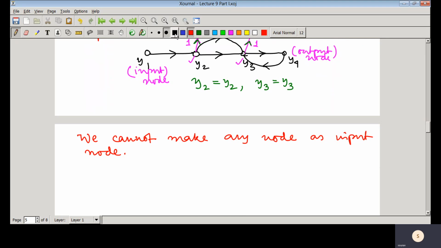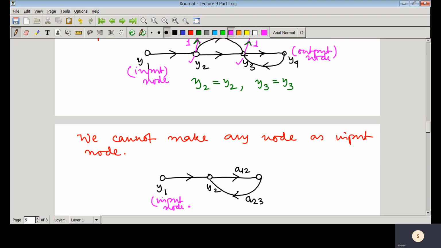Let us see. First we take one example. Suppose you have one signal flow graph here, this is Y1, this is Y2, and the signal is flowing like this, and suppose you have branches A12 and A23. Now this is the input node in this particular case.